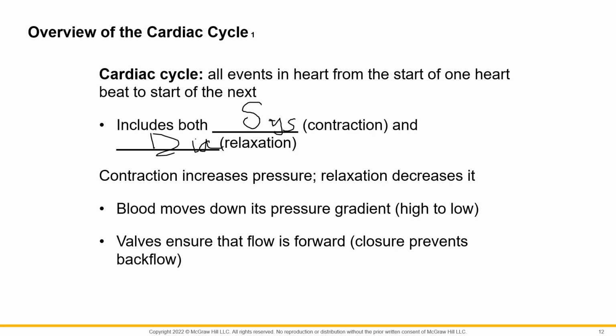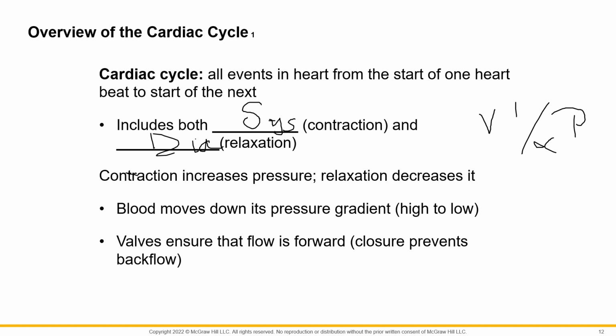Now, like we said in the lungs unit, in the respiratory system chapter, Boyle's law applies to heart chambers as well. So remember, Boyle's law describes the relationship between the volume of the container and the pressure inside it being inversely proportional.